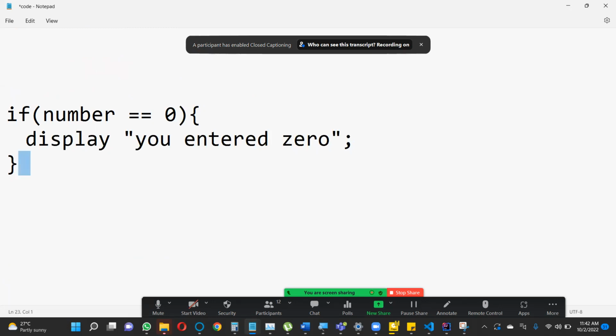But if the number the person entered is greater than 0, then we can say that the number is what? Positive.